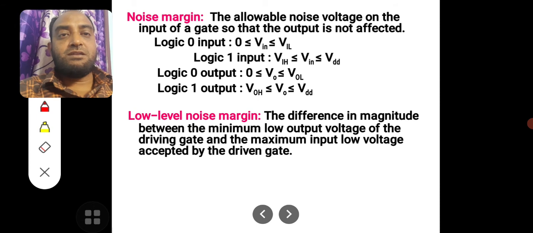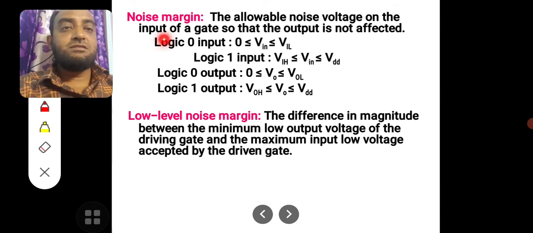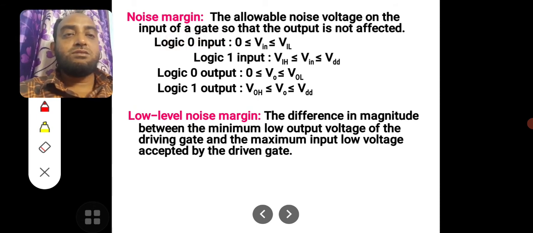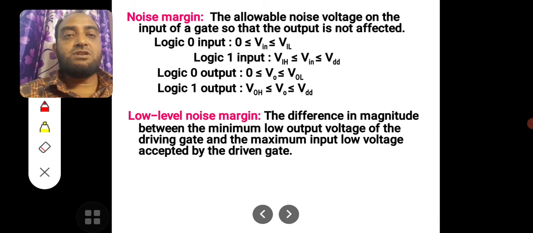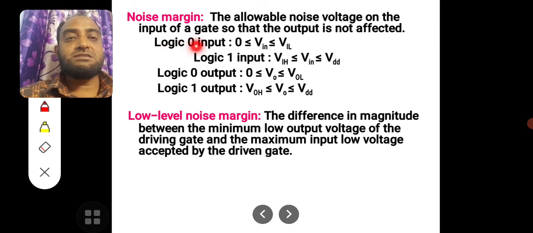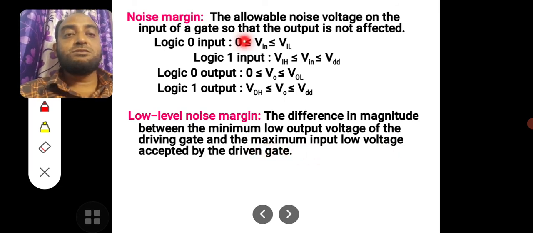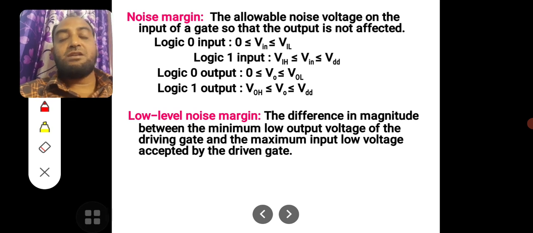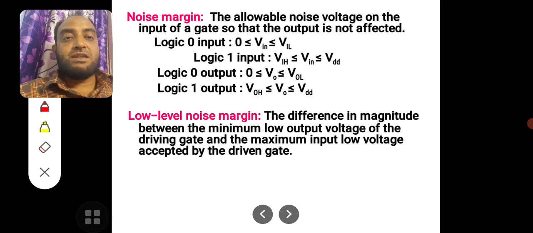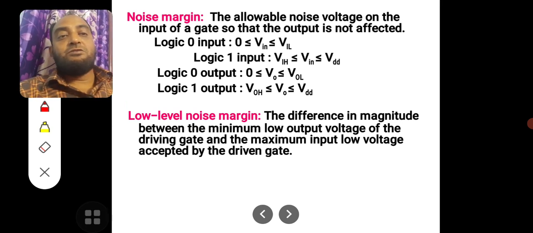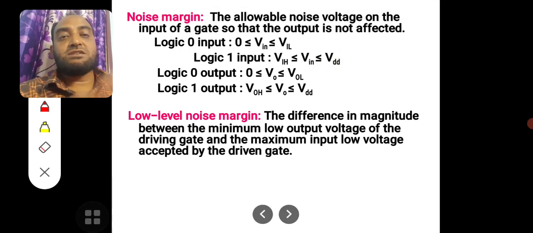If you remember in the previous slide, on the input x-axis, 0 to VIL is treated as logic 0, and VIH to VDD is treated as logic 1.